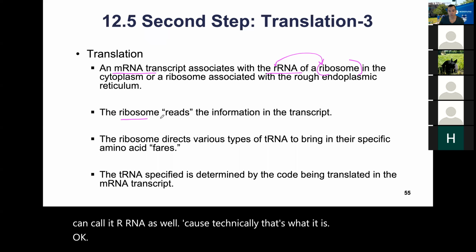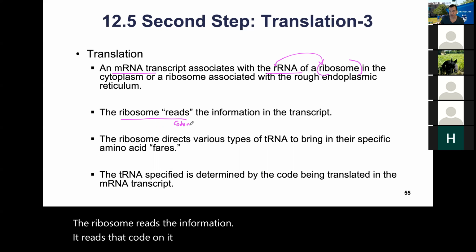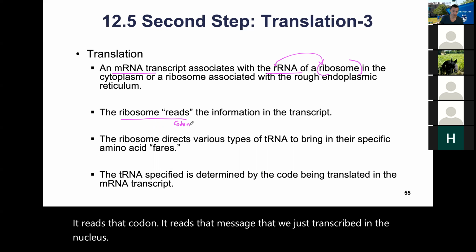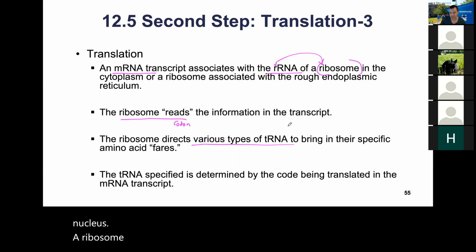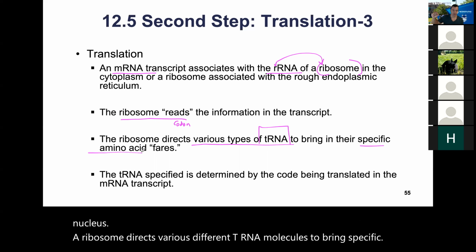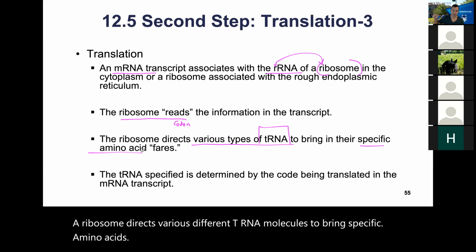The ribosome reads the information. It reads that codon. It reads that message that we just transcribed in the nucleus. The ribosome directs various different tRNA molecules to bring specific amino acids to the party.